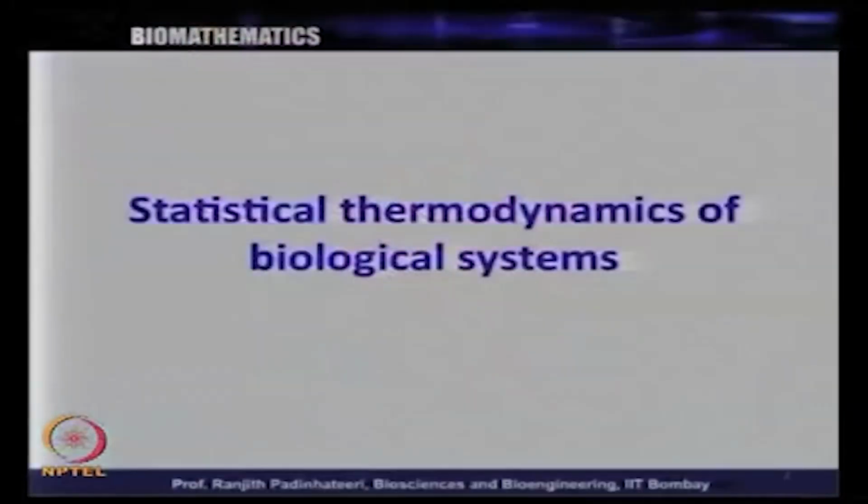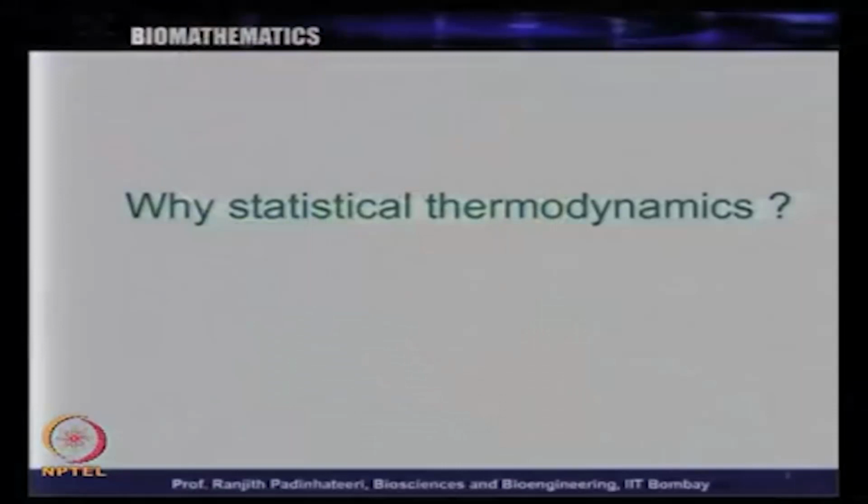So, today's title is statistical thermodynamics of biological systems, and the question is why statistical thermodynamics? Why should we learn this? When I say statistical thermodynamics, you can see there is this term called statistical.